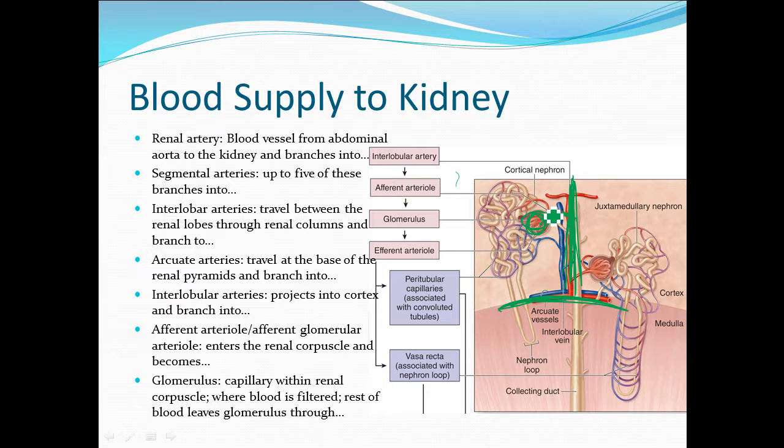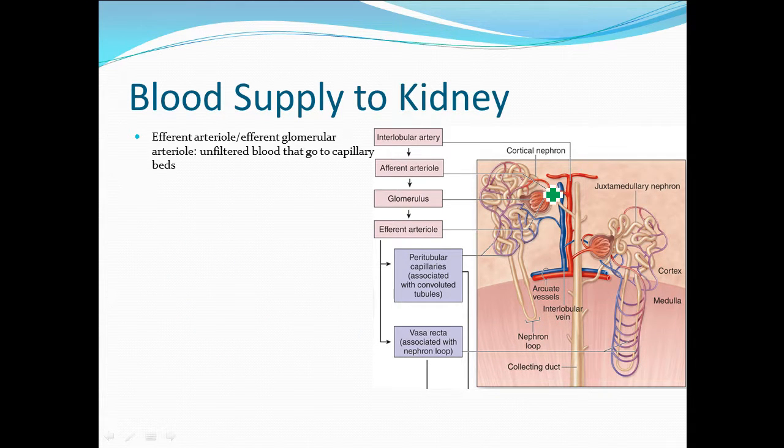Okay, so from the afferent arteriole over here, it goes into the glomerulus. And once it gets into the glomerulus, it goes through this blood vessel here. What do you think that blood vessel is going to be called? Now it's going out of the glomerulus. The efferent arteriole. So it comes out of the efferent arteriole. And from the efferent arteriole, depending on the type of capillary beds that we're talking about, there's two different capillary beds.